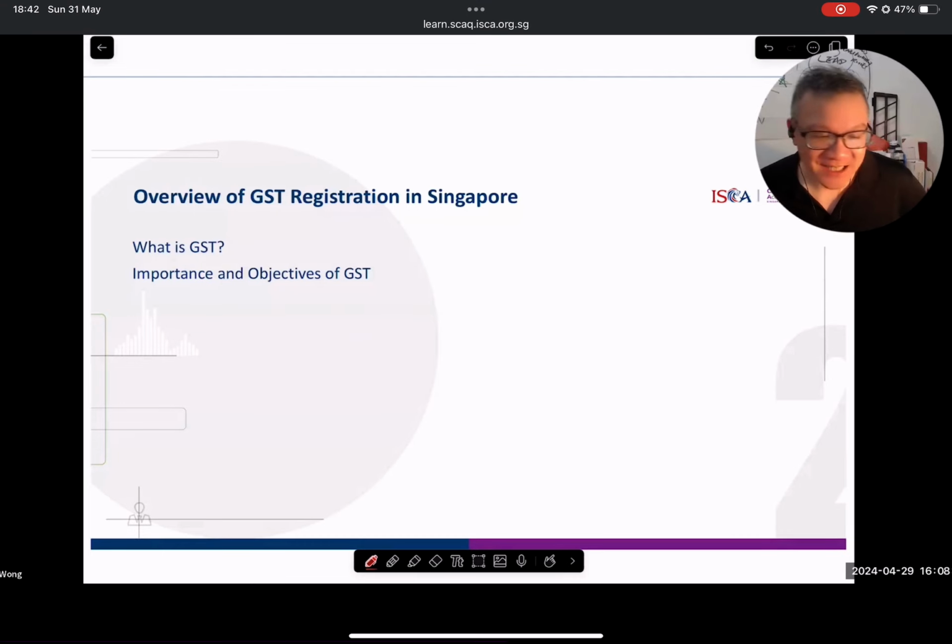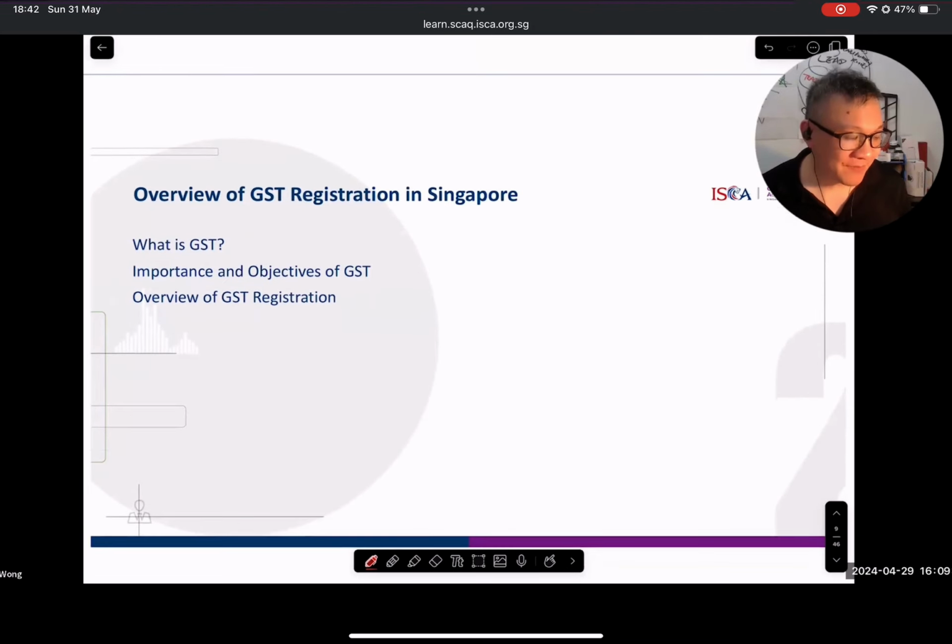To a certain extent, some people argue it might be fairer compared to the income tax system. Well, I'm not going to get there because obviously when someone says it's fair, there will always be other people who say it's not fair. Just think about the objective of GST: it is a mechanism to allow the government to raise revenue.